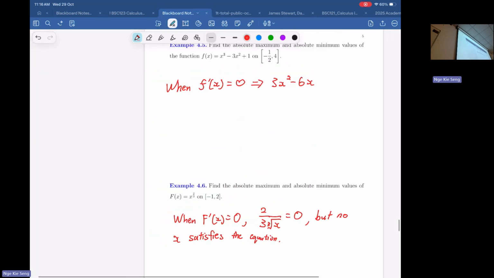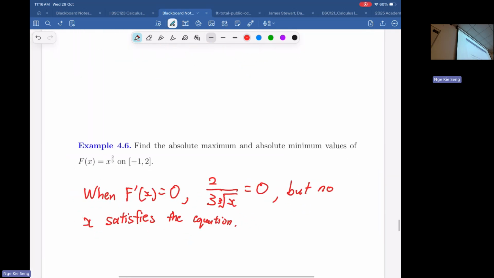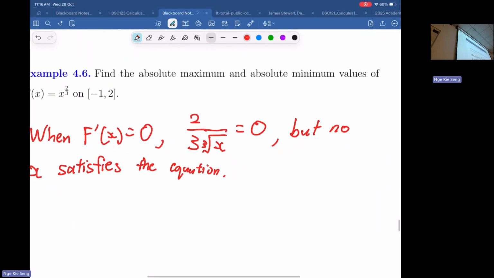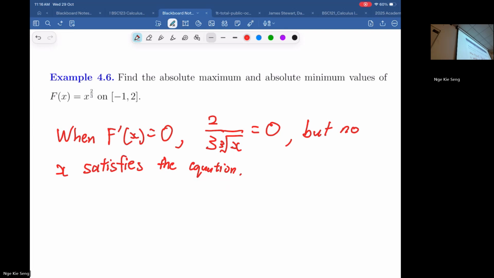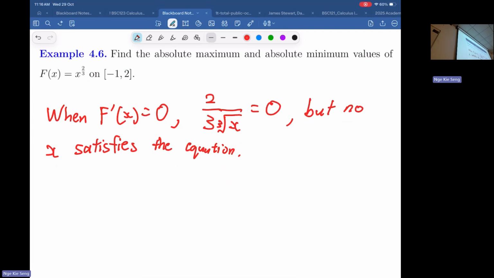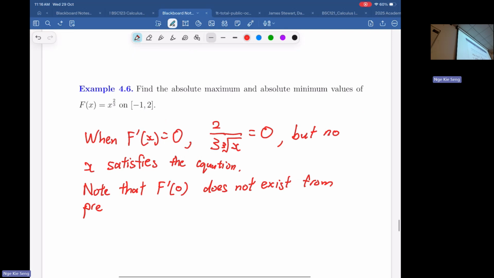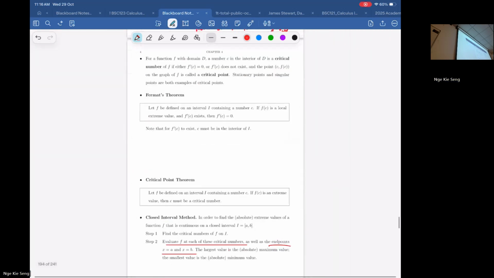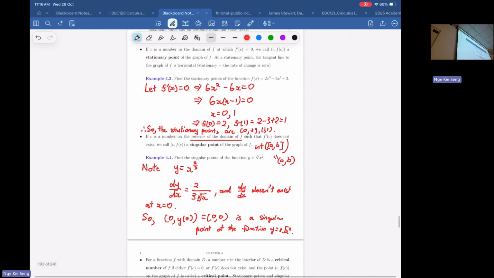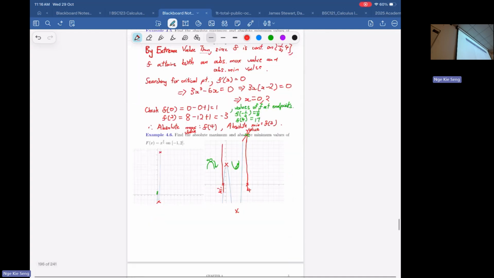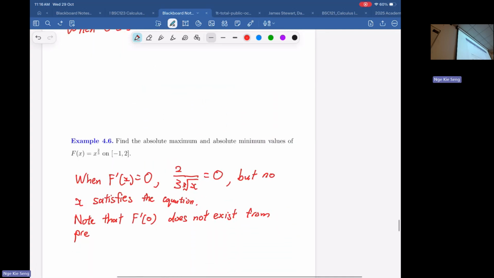In the previous case there's no singular point because your f prime is very nice. But now there's a singular point here, where f prime at 0 does not exist. If you notice, this is what we did just now from a previous question, example 4.4.